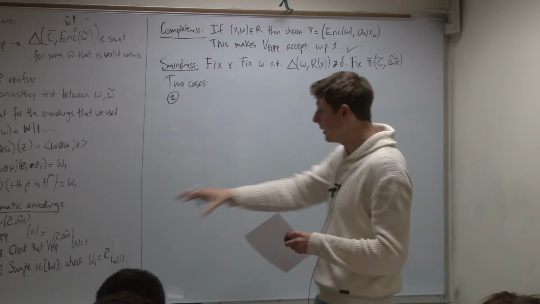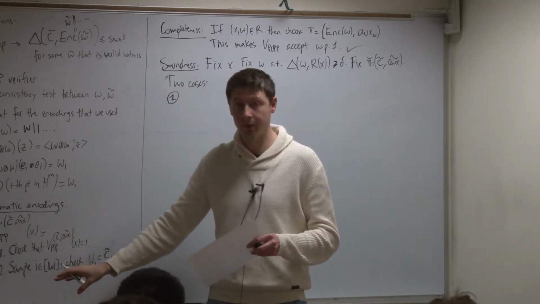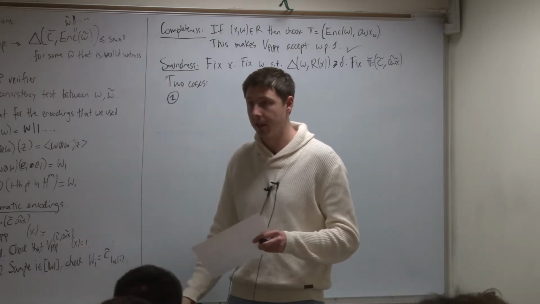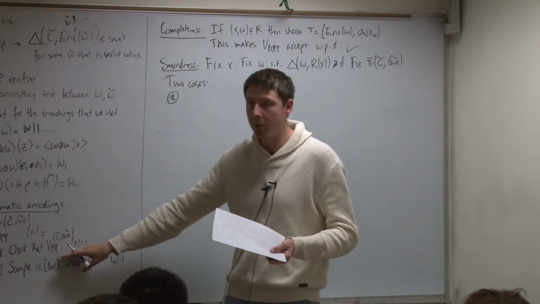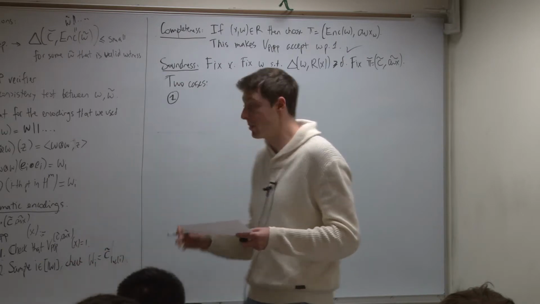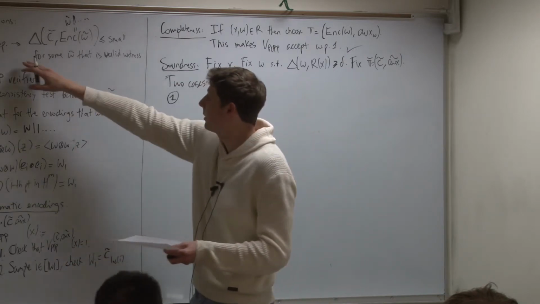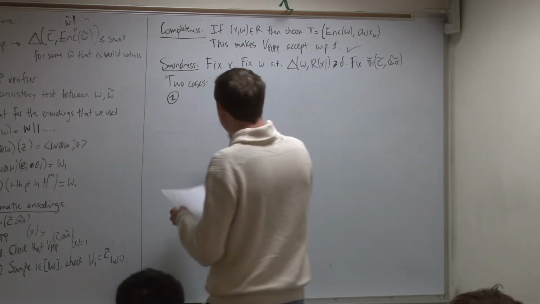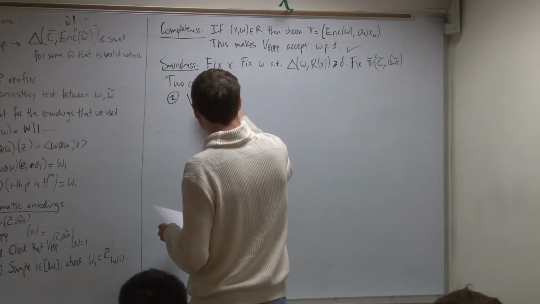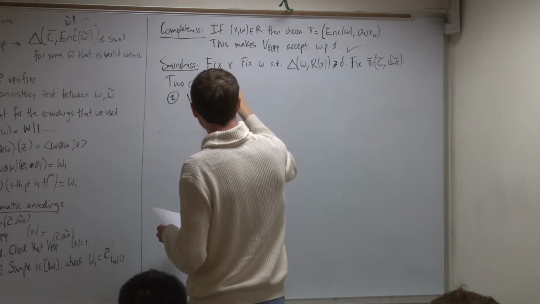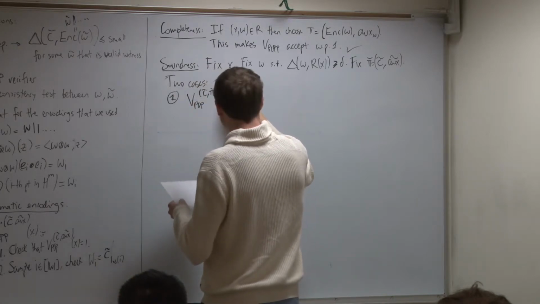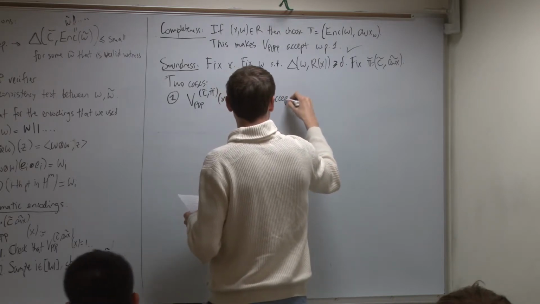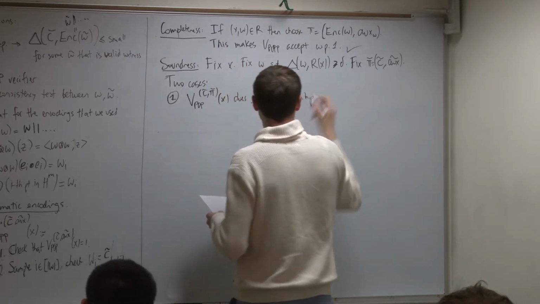So I'm running the PCPP verifier, and let's focus for a moment on the first line. Either this guy accepts with high probability or not, right? Because remember that we learn something only when it does. So the first case, the boring one, is to say the PCP verifier given C tilde and pi tilde, and x, does not accept with high probability.